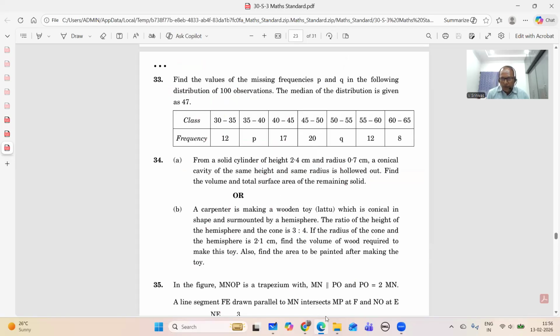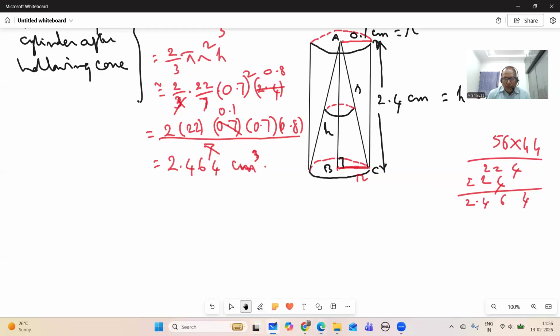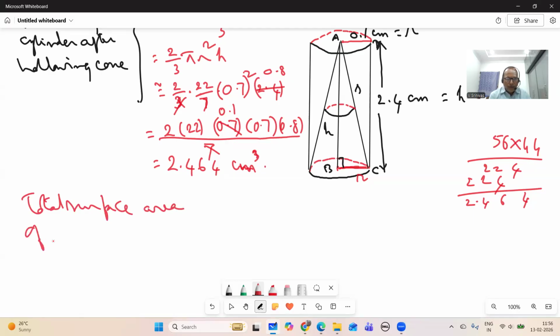So we have to go for total surface area. What is total surface area? Total surface area of the remaining solid after hollowing out the cone. What surface area remains?